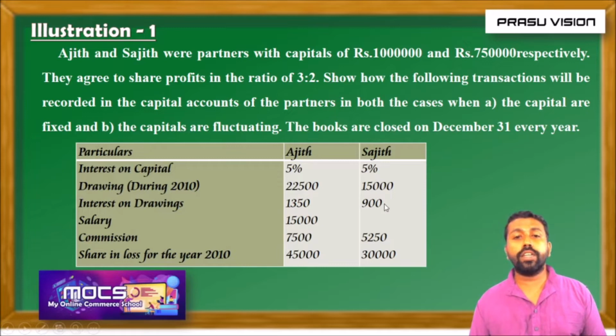No need to calculate the interest on drawings. Salary is given for the particular partner Ajit and commission for both the partners is also given. Also, share in loss for the year for both partners is given, 45,000 and 30,000.